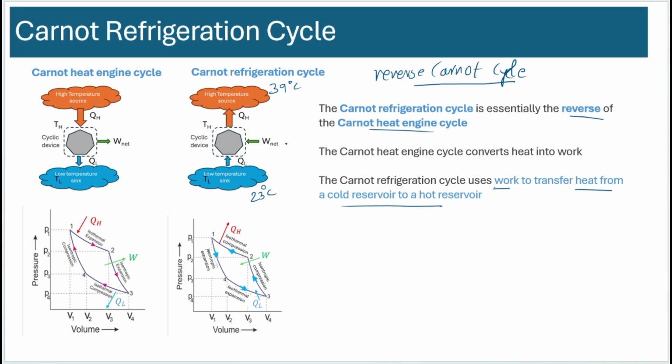If we look at the energy balance, it's QL plus W giving us QH. And you could redraw all the arrows and get the cycle for refrigeration on the right side here. So this is the heat engine and this is the refrigeration cycle.